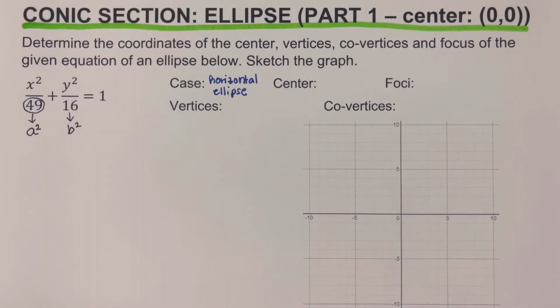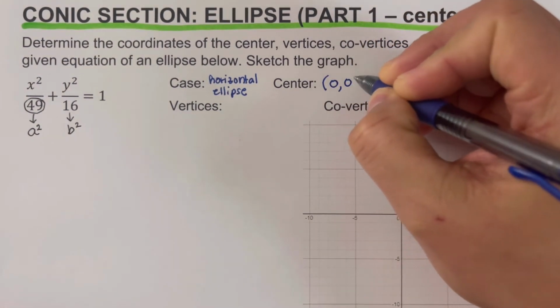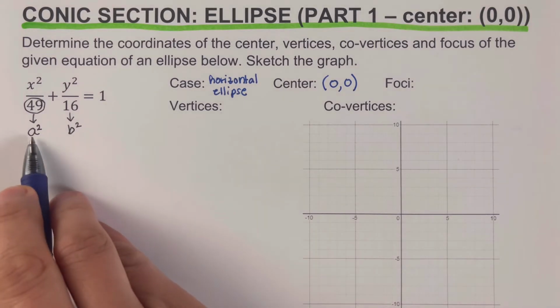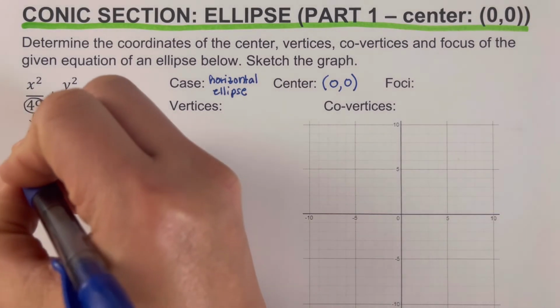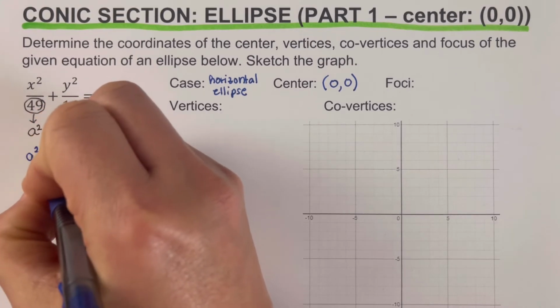The center is at 0, 0. So I'm going to write that down here. So the center is at 0, 0, or at the point of origin. Now we are supposed to solve for A. In order to do that, we equate this 49 to A squared. So that is A squared is equal to 49.